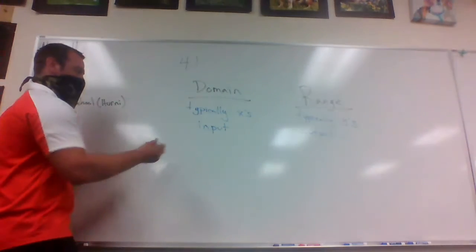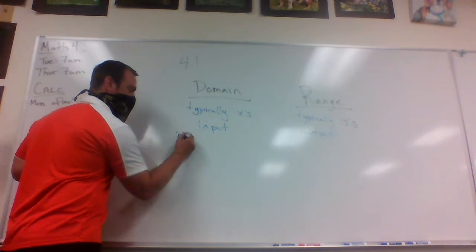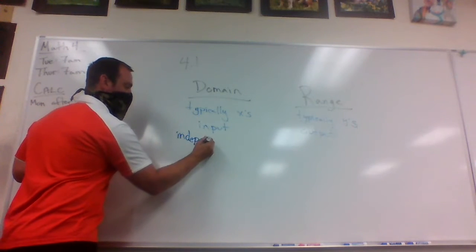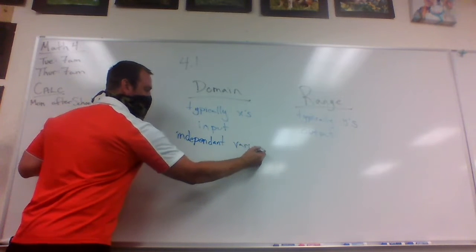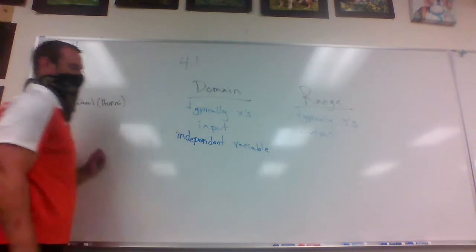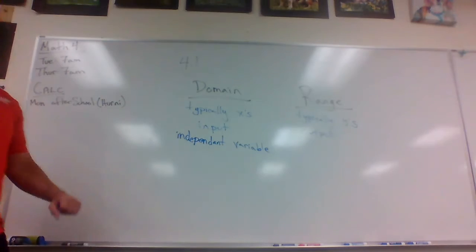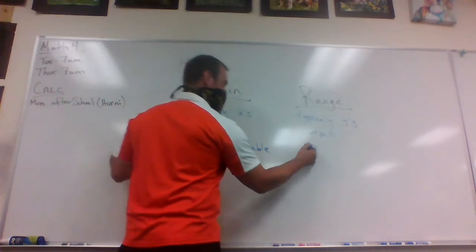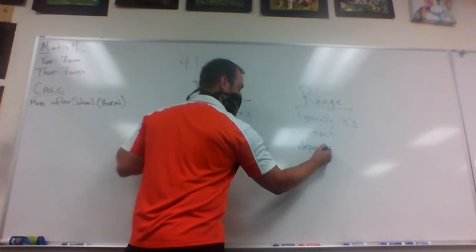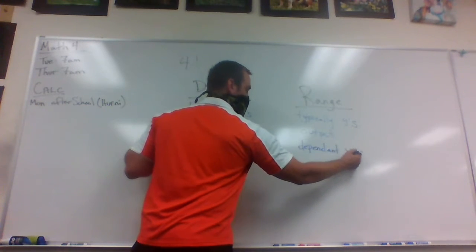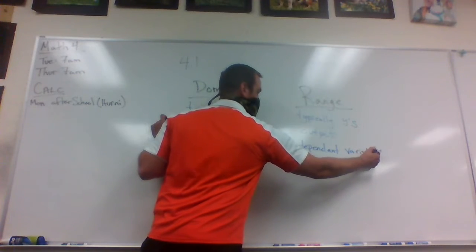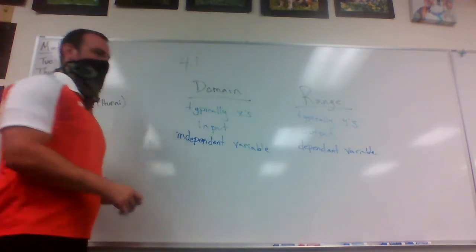So this would be like our independent variable, which a lot of time is time. And then we have our dependent variable. So this will depend upon your input. Are we good with all of this?